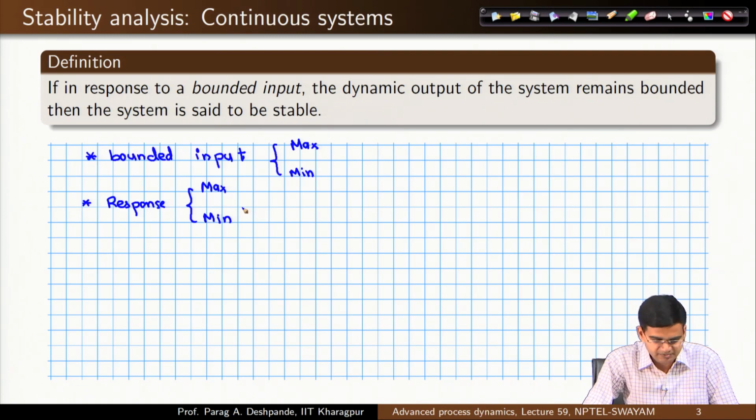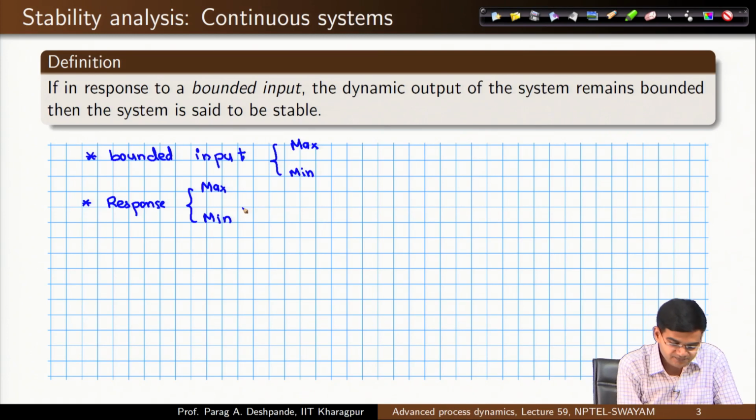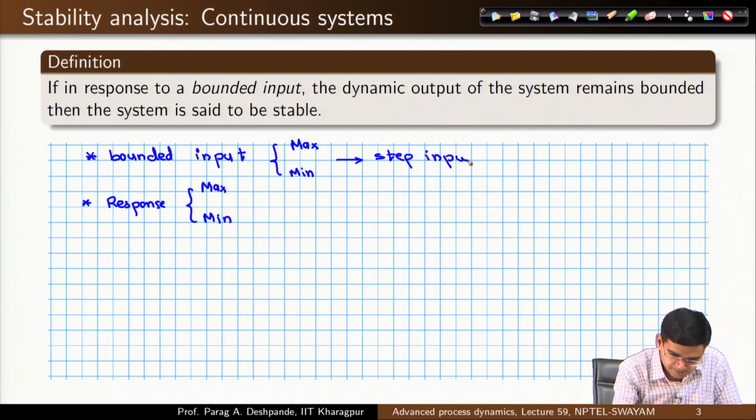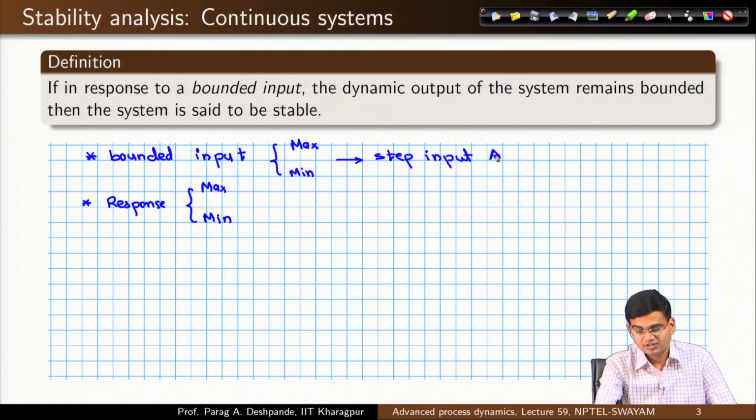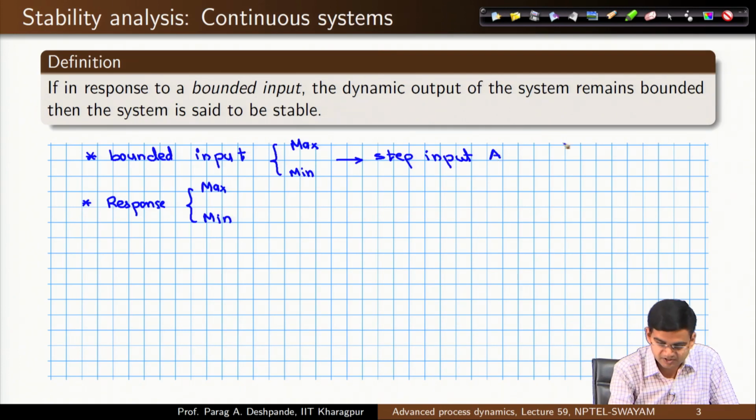So, let us try to understand the meaning of bounded input. Let us imagine a step input of magnitude A. So, what happens in this particular case, you give your system u(t), and this is t.